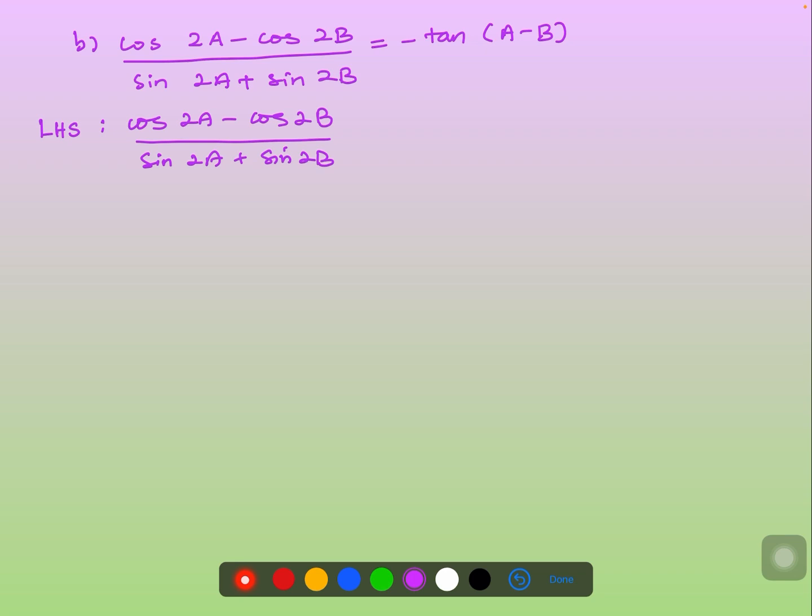cos 2a minus cos 2b over sine 2a plus sine 2b equals minus tangent (a minus b). Left hand side, cos 2a minus cos 2b over sine 2a plus sine 2b.